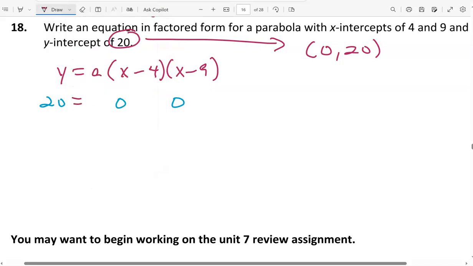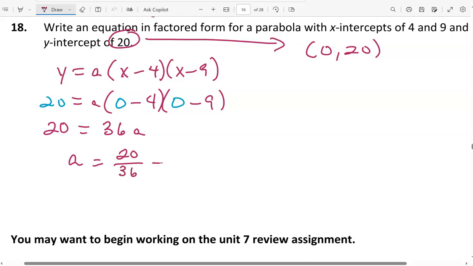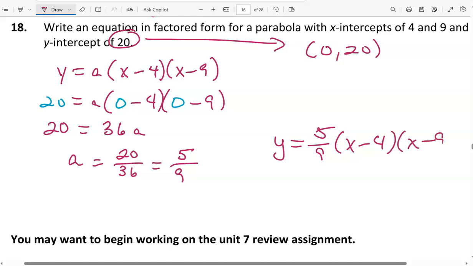So 20 is equal to a times (0 - 4) times (0 - 9). That will enable us to find the value of a. -4 times -9 is positive 36. So 36 times a is 20, and a is 20/36, which reduces by a factor of 4 to 5/9. So y is equal to 5/9 times (x - 4) times (x - 9).